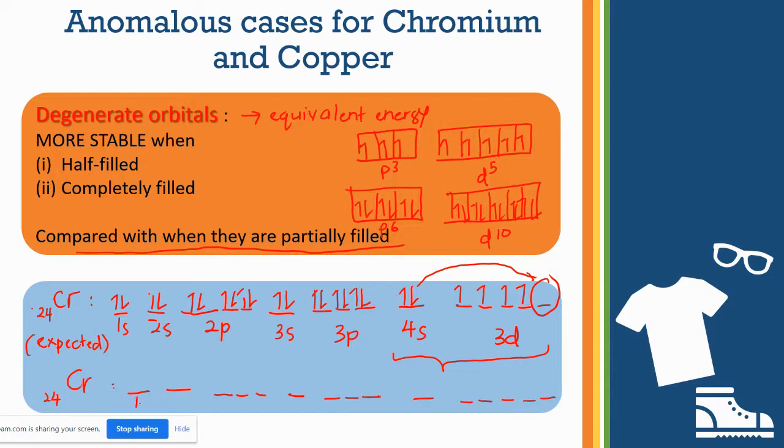Same thing here. 1s, 2s, 2p, 3s, 3p, 4s, and 3d. Same thing just like before. The only difference is just here.